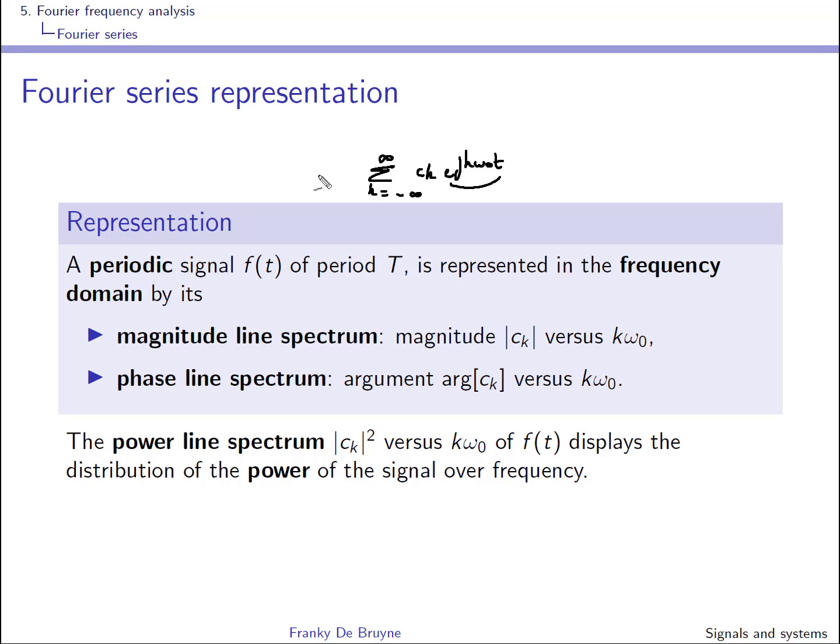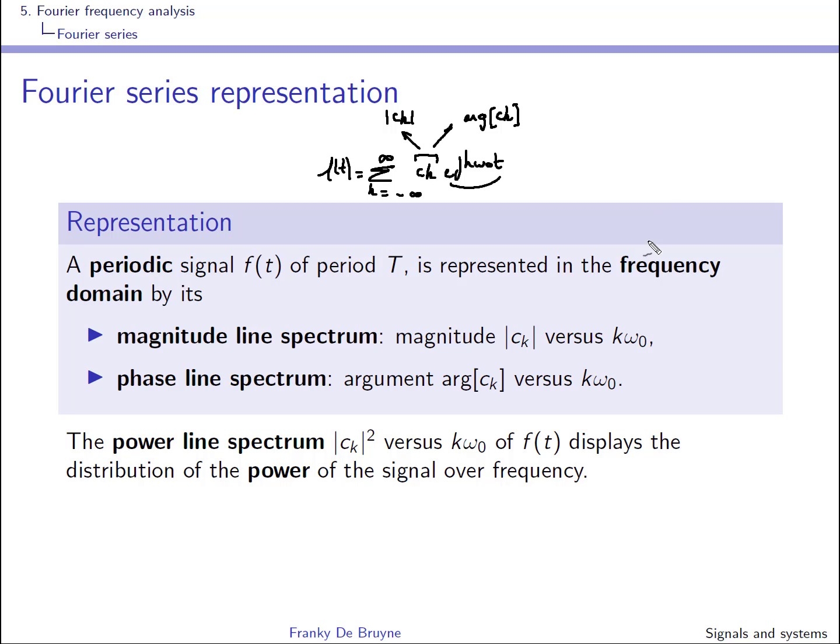Okay, so this is f of t, and what you can then do is take this Fourier coefficient, it's a complex number, and of course you can consider the modulus, and you can consider the argument of ck, and you can represent that in a plot as a function of k.